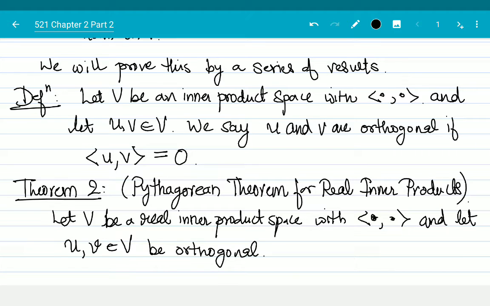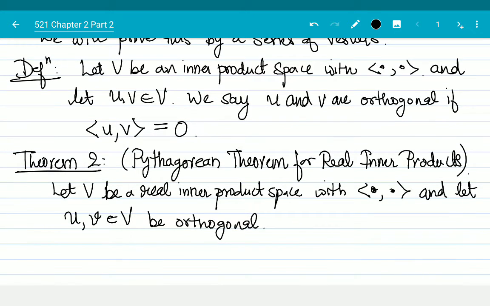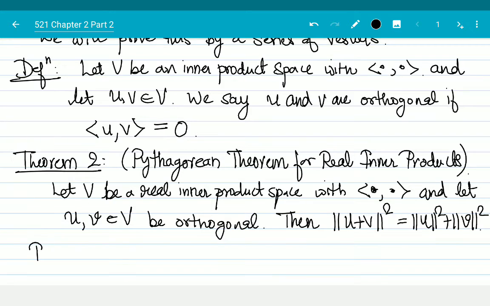Then norm of U plus V squared is equal to norm of U squared plus norm of V squared.